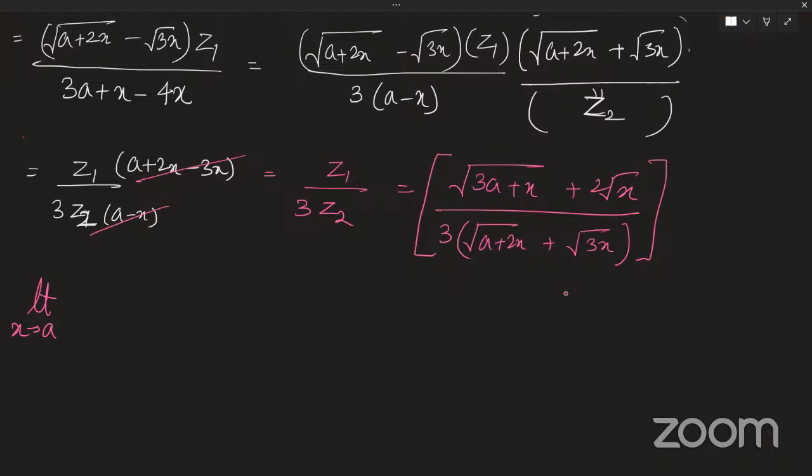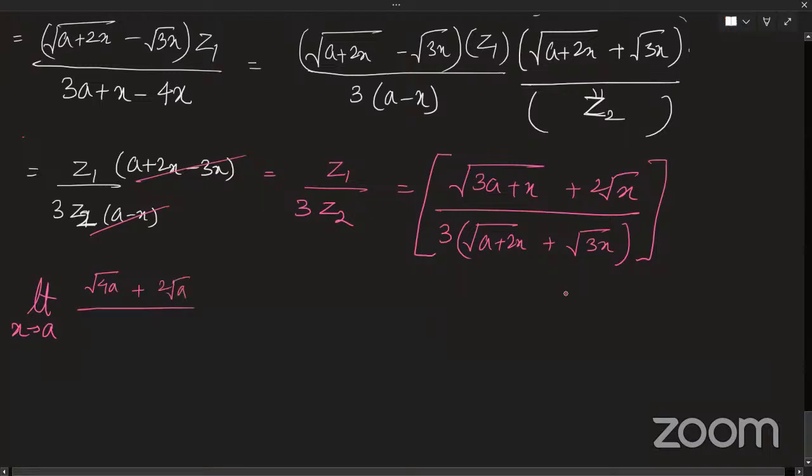I can do it by direct substitution now. Under root 4a plus 2 root a, divided by 3 times root 3a plus root 3a plus root 3a.